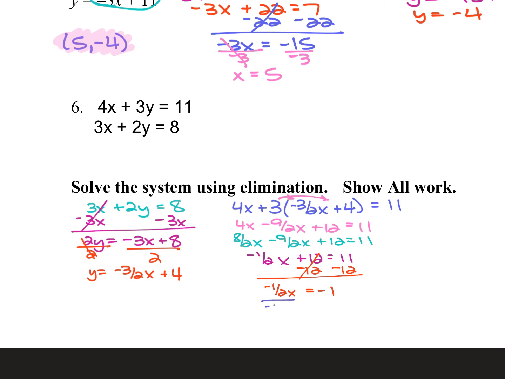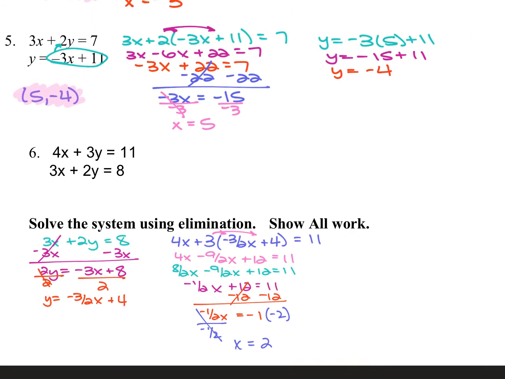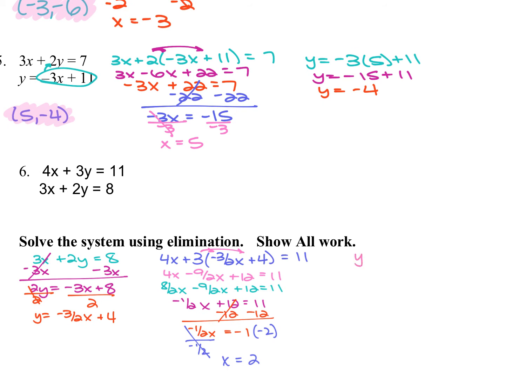And then we're going to divide each side by that negative 1/2, which is the same thing as multiplying by the reciprocal. So just like multiplying by negative 2. So the negative 1 times the negative 2 gives us a positive 2 for x. We're going to solve for y now by using the y is equal to negative 3 over 2x plus 4.